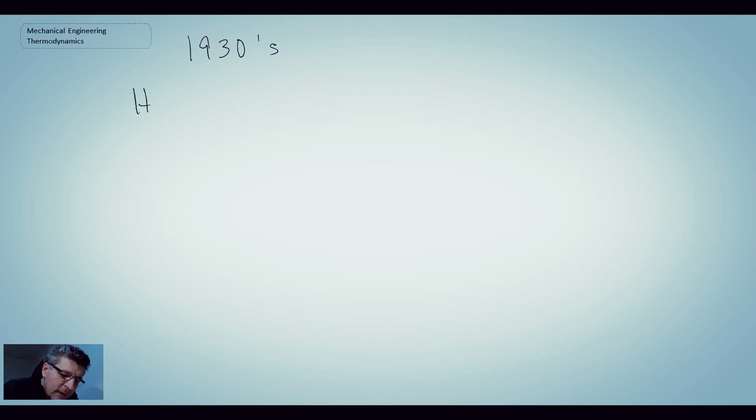One was in Germany, and his name was Hans von Ohain. One of his gas turbine engines can be seen in museums if you get a chance to go to museums that have aircraft. The aircraft that I'm referring to is the Messerschmitt 262.